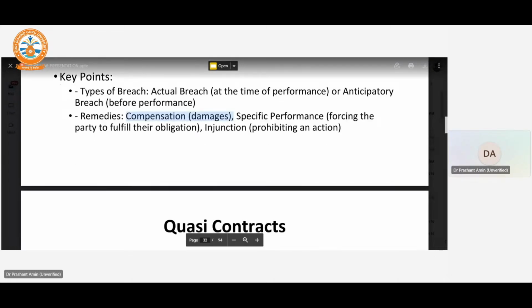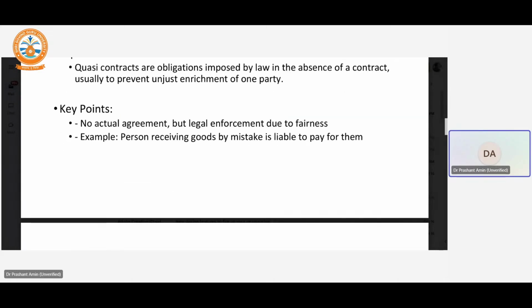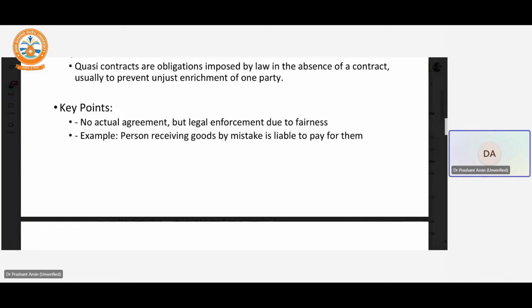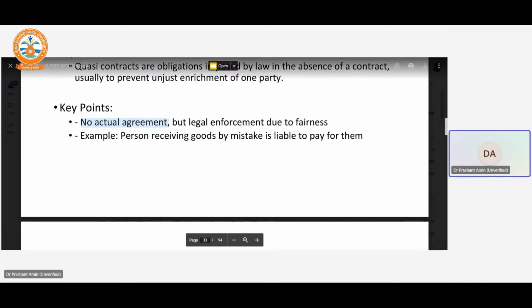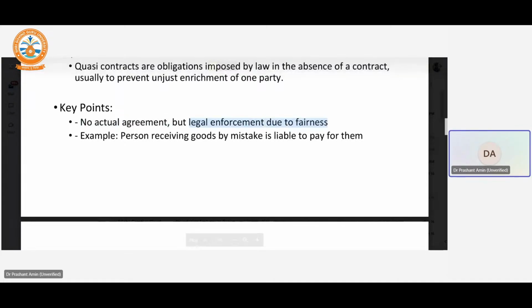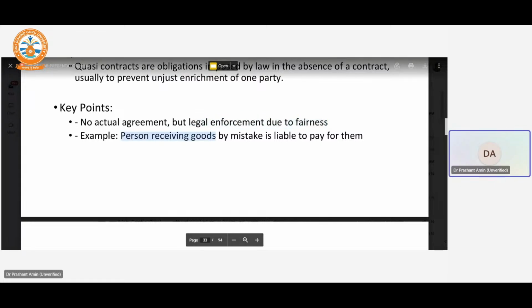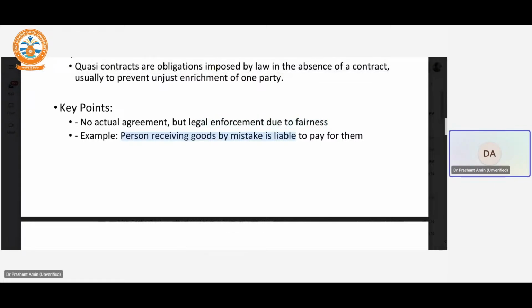Anyway, next, quasi contract. Quasi contracts are obligations imposed by law in the absence of a contract, usually to prevent unjust enrichment of one party. There is no actual agreement, but legal enforcement due to fairness. For example, a person receiving goods by mistake is liable to pay for them, right?